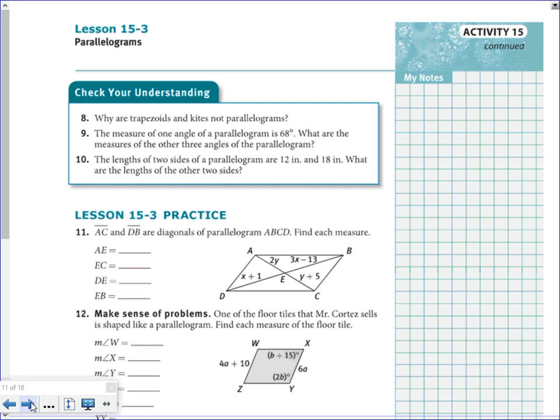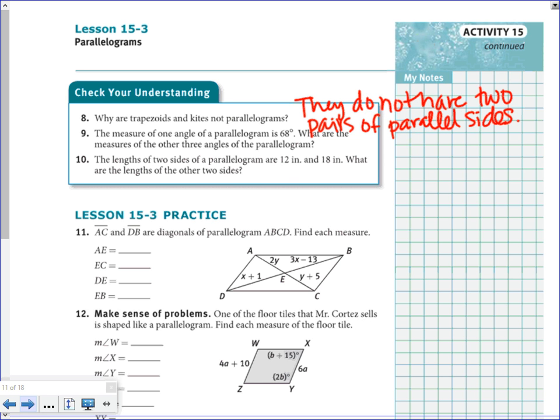So trapezoids and kites are not parallelograms. They do not have two pairs of parallel sides. There are probably other properties that they don't have that a parallelogram does have, but that's the most basic one.